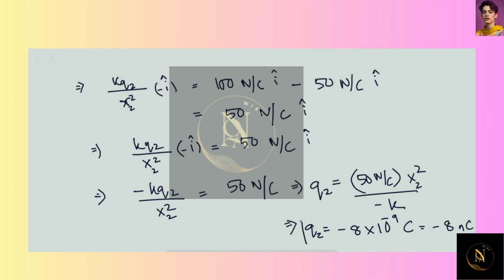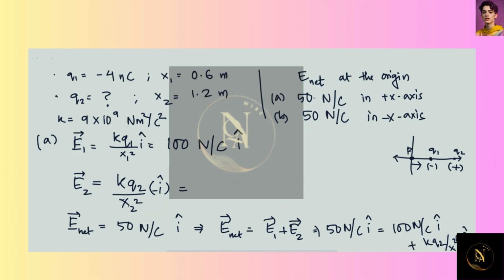So we see that Q2 should have a negative sign in order for the net electric field to have this property. It should be 50 Newton per Coulomb and in the positive x-axis. And this makes sense because our E1 came out to be greater than the net electric field, which means that E2 has to be in the opposite direction so that the net magnitude is smaller than E1.